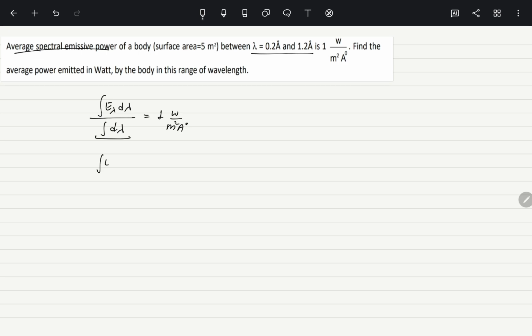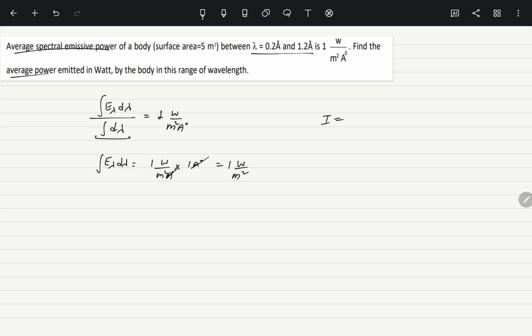So from here we will get integral of E lambda d lambda is equal to 1 watt per meter square angstrom into 1 angstrom. So 1 and 1 are cancelled. So we have 1 watt per meter square. Now if we see the unit, you can see easily that it is an intensity unit, and we need to find the average power. So how can we get the power from intensity? Just by multiplying the intensity with the area.